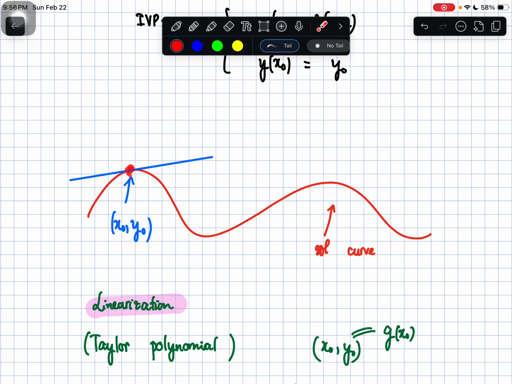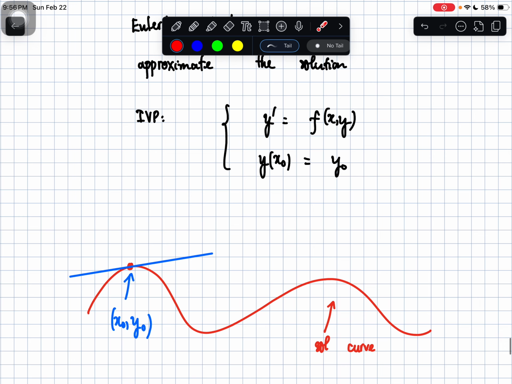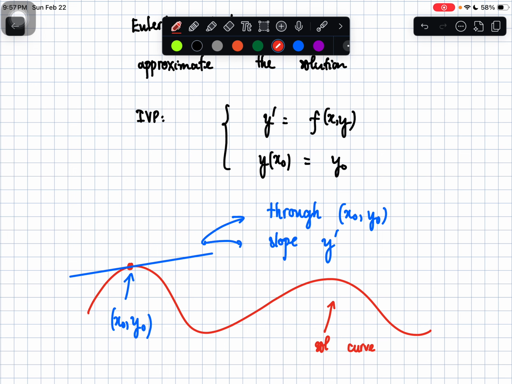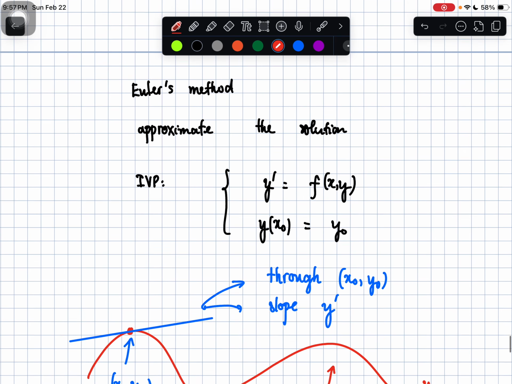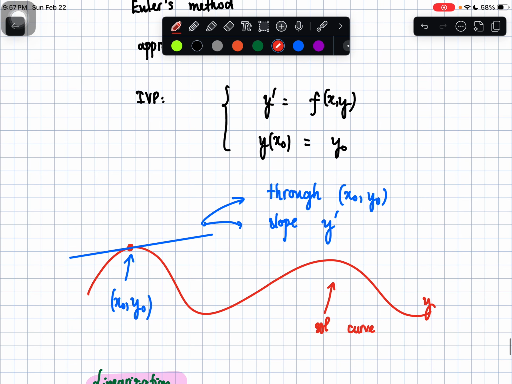So this tangent line passes through this point, and the slope of the tangent line is the slope of this actual curve, y prime. So this tangent line passes through x0, y0 with slope y prime, right? Because our curve y has y prime equal to this, so we can compute the actual slope by the hypothesis.